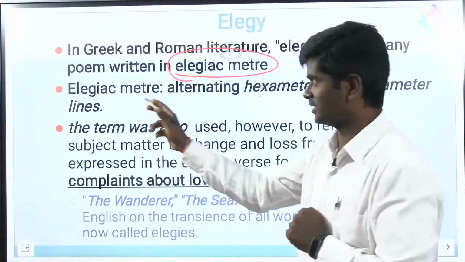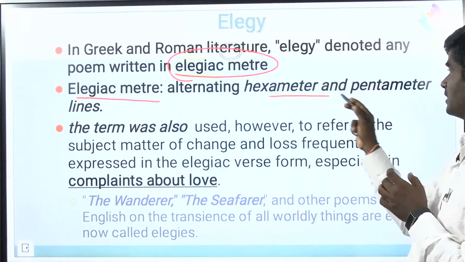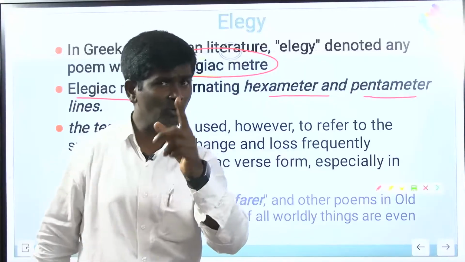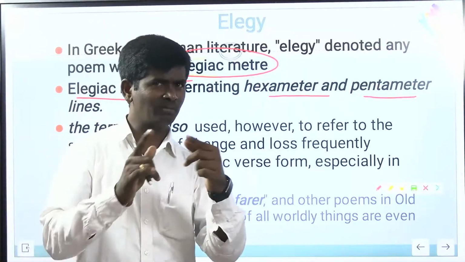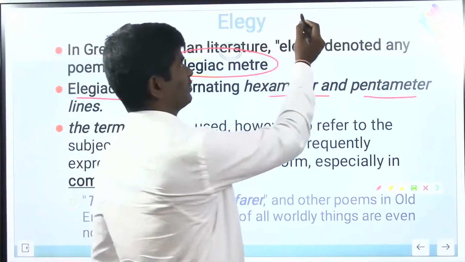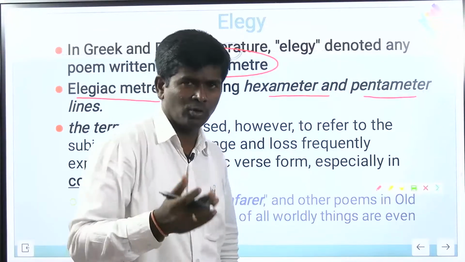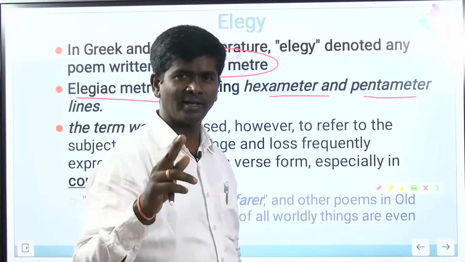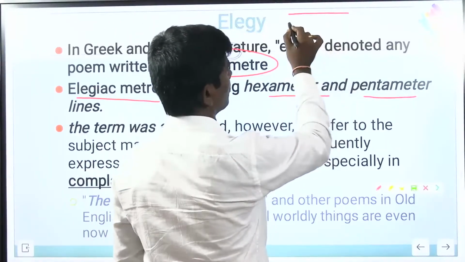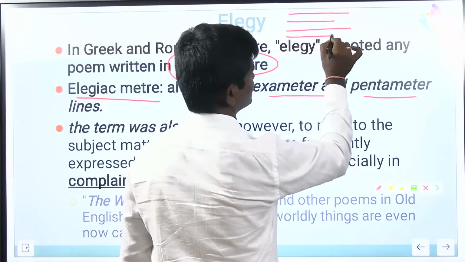What is elegiac meter? Elegiac meter refers to alternating hexameter and pentameter lines. What is hexameter? What is pentameter? I told you in my previous video on prosody and meter. I feel like you have watched my previous video. For example, hexa means 12 syllables, penta 10 syllables, monometer 2 syllables, and di 4 syllables, like that. So hexa 12 syllables, penta 10 syllables, hexa 12 syllables, penta 10 syllables.